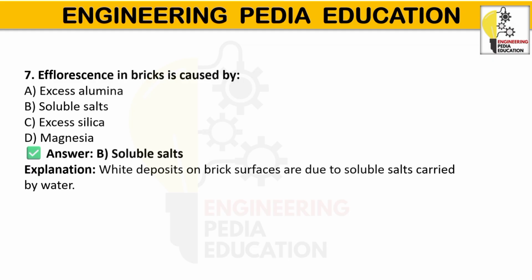It is the appearance of white crystalline salt deposit on the surface of brick due to the presence of soluble salt. It occurs when water dissolves salt inside the brick and carries it to the surface. After the water evaporates, the salt remains as white powder. Its effect is to spoil the appearance and cause deterioration.